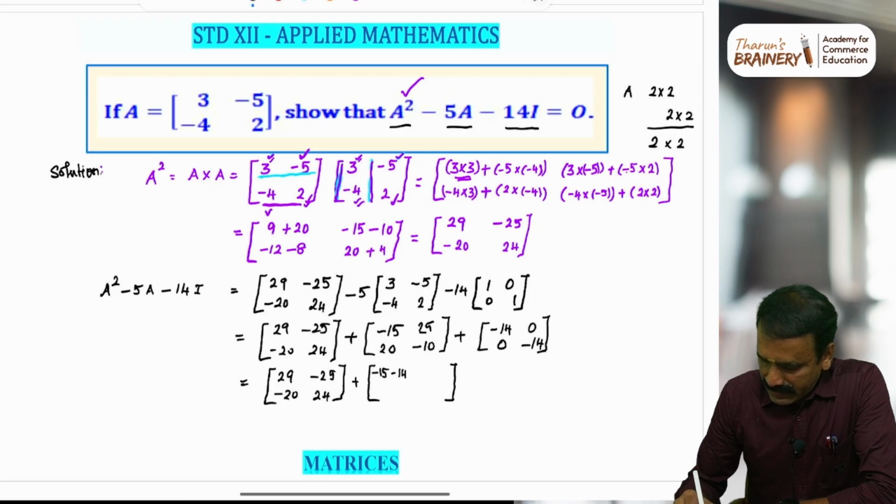Then second element added with the second element. So 25 plus 0. Then 20 added with the 0. 20 plus 0. Then minus 10 added with the minus 14.